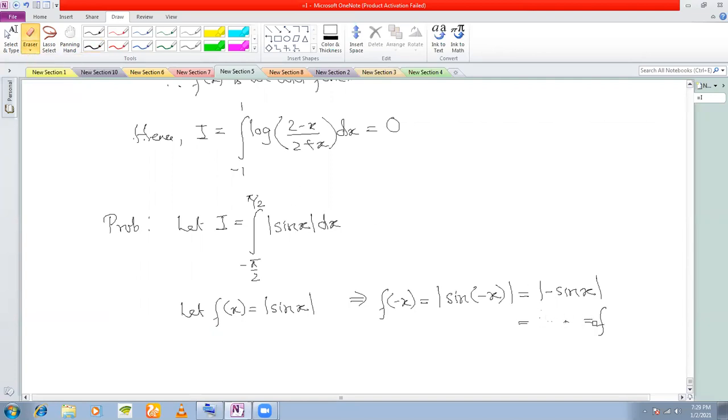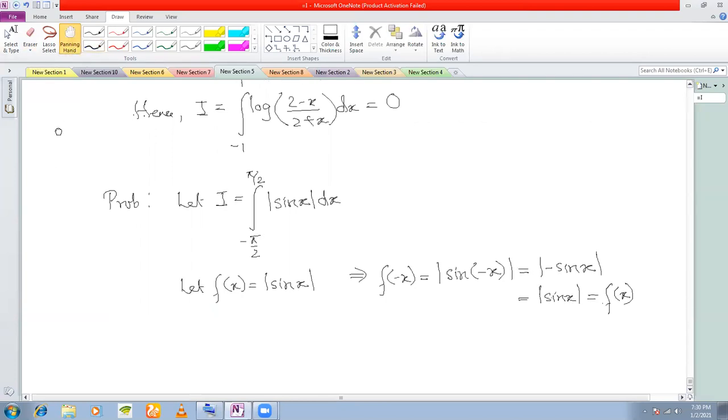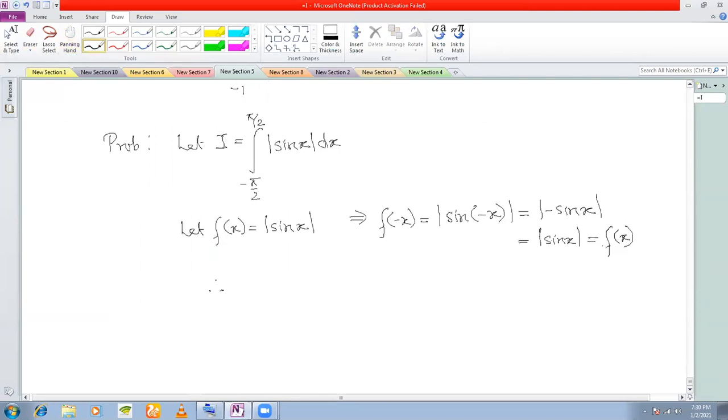Whether you write mod of minus sin x or mod sin x, it is the same, because modulus makes everything positive. So this is equal to f(x). So what does it show? It simply shows that f(x) is an even function. And what happens when f(x) is an even function?